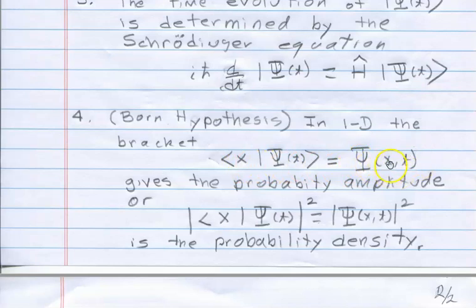And now you have to think of this x here as the component of the state vector, the state ket, in the x direction. This projects out the x component of it, and this x here really is a different kind of label. It's a continuous label, but it really is like a component. And this gives the probability amplitude, the psi here, or this projection on x.